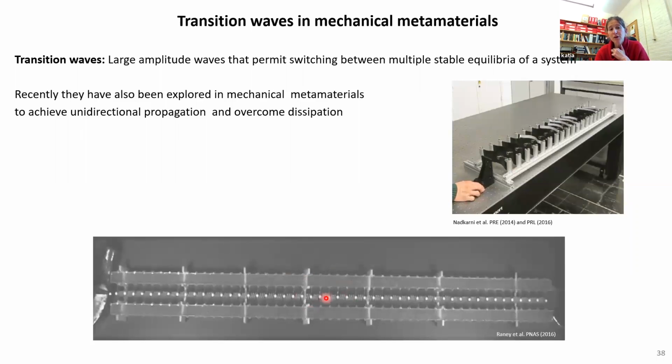In the example below, instead, the transition wave has been exploited to enable propagation over long distances, because you can harness the energy released upon snapping back by these elements to overcome dissipation. Here our idea is to exploit these waves to facilitate the deployment process.